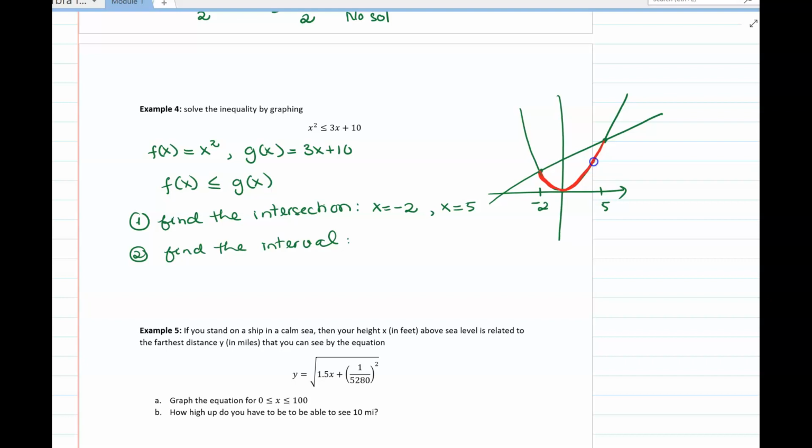So as you can see here, the parabola falls beneath the line in the interval from -2 to 5. Okay. And we include the endpoints here since we have a less than or equal.